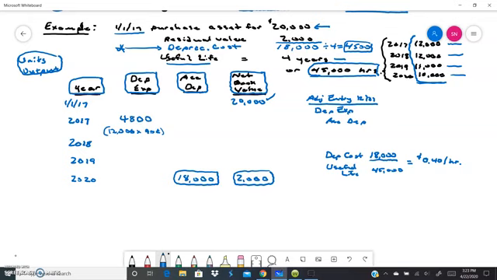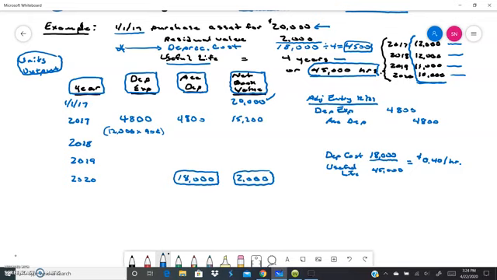So again, our entry over here on the right would be debit depreciation expense, $4,800, and credit accumulated depreciation, $4,800. This would be the first year's depreciation expense entry. So balance in the accumulated depreciation account, $4,800. 20,000 minus 4,800, $15,200.